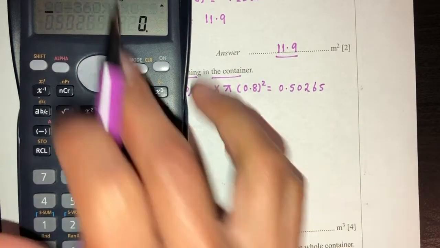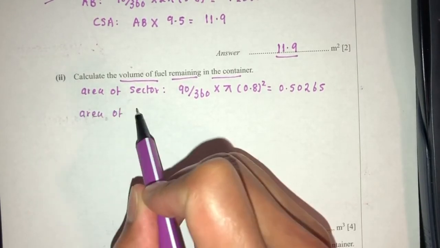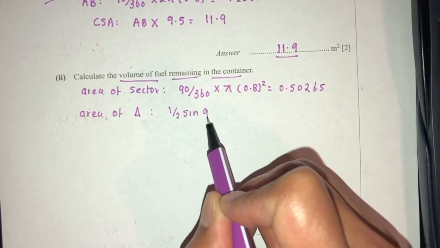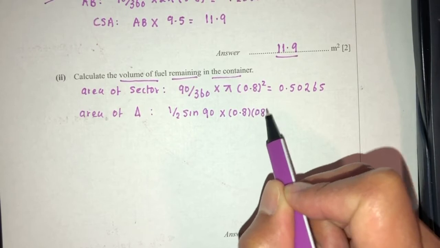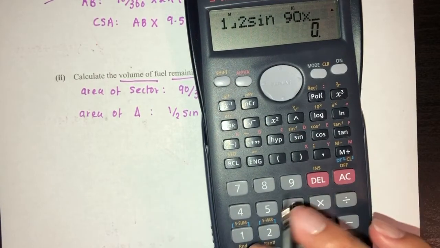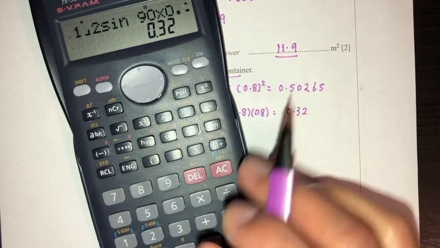That will be 0.50265. Now what is the area of the triangle? That will be half sine of the angle, which is 90, times both sides, 0.8 and 0.8. Half sine of the angle times 0.8 squared will be 0.32.